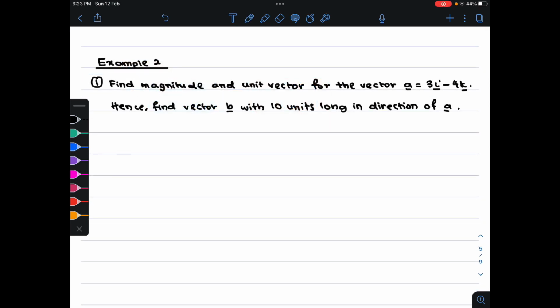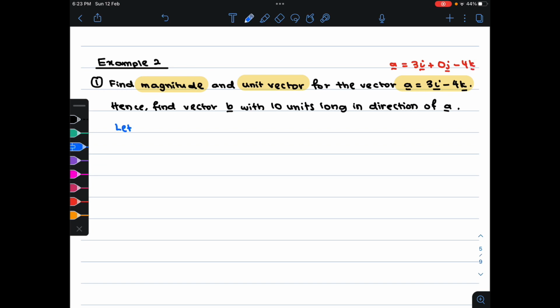Now let's do example 2, question 1. We need to find the magnitude and unit vector for the vector A, which is 3i minus 4k. So note that in this vector, there's no unit vector j. So this is actually A equals 3i plus 0j minus 4k.